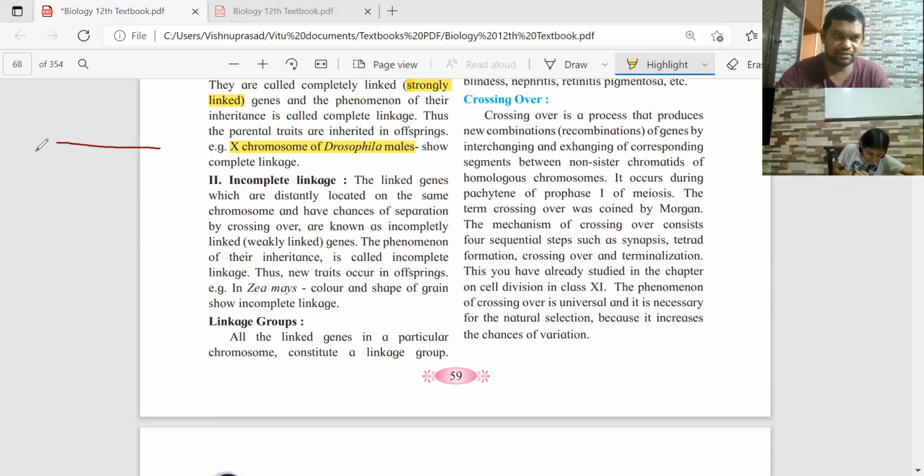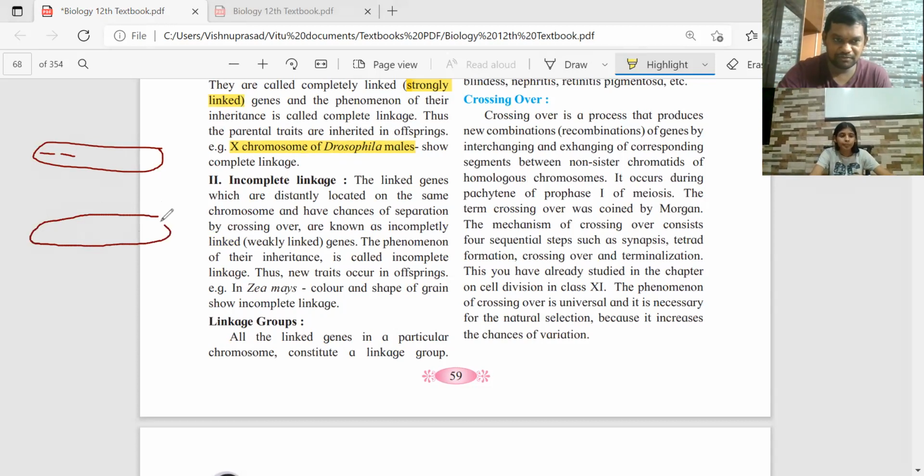See, if this is a chromosome, one gene over here, another gene over here. Consider another example: there is a chromosome, one gene over here, another gene over here.